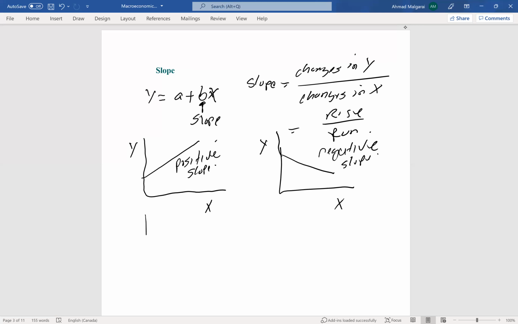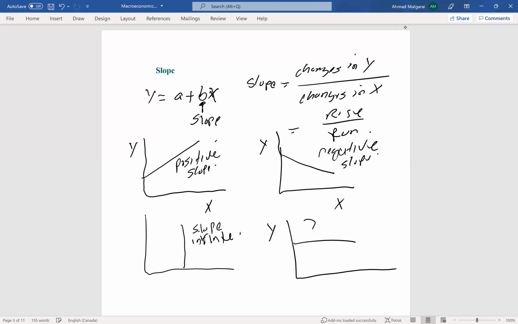And also we have an infinite slope, and also we have a zero slope.